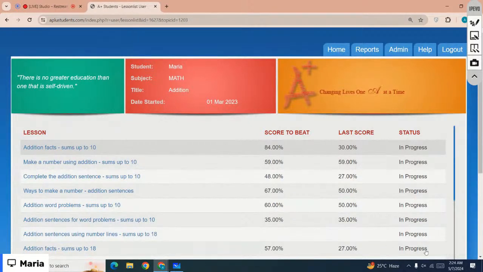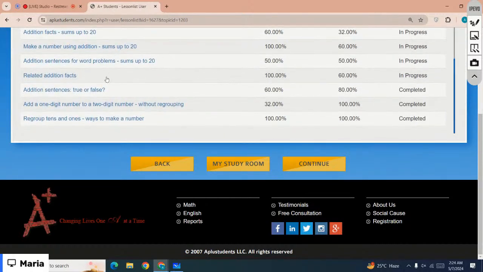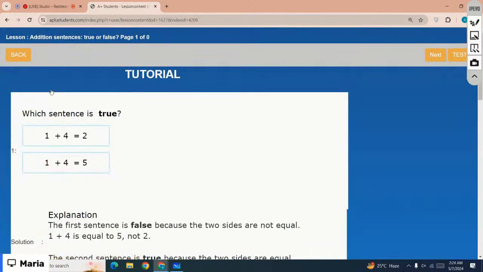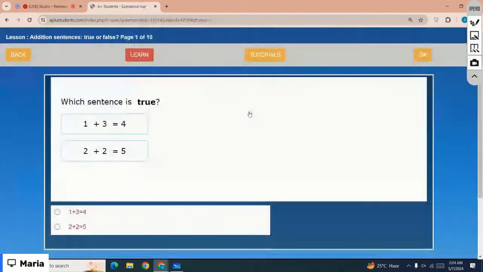The next lesson is addition sentences, true or false. Let's just start with the test questions, right? Which sentence is true? Which is the correct option? Option 1 or option 2?